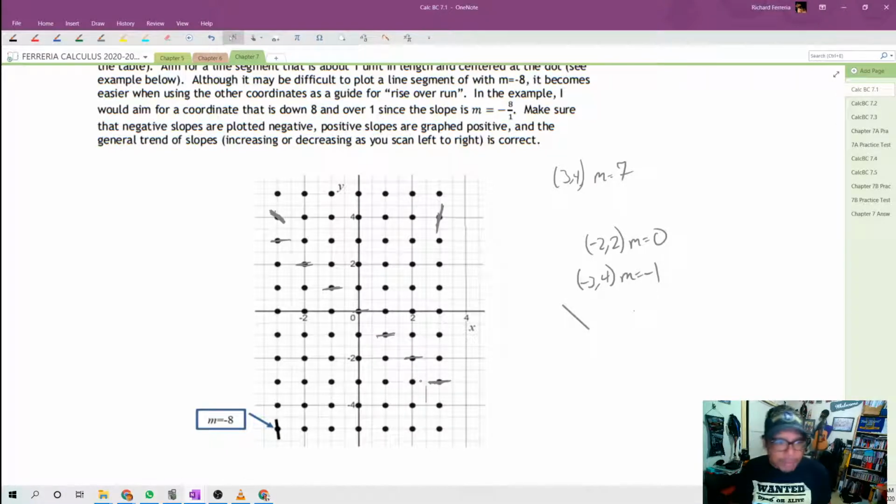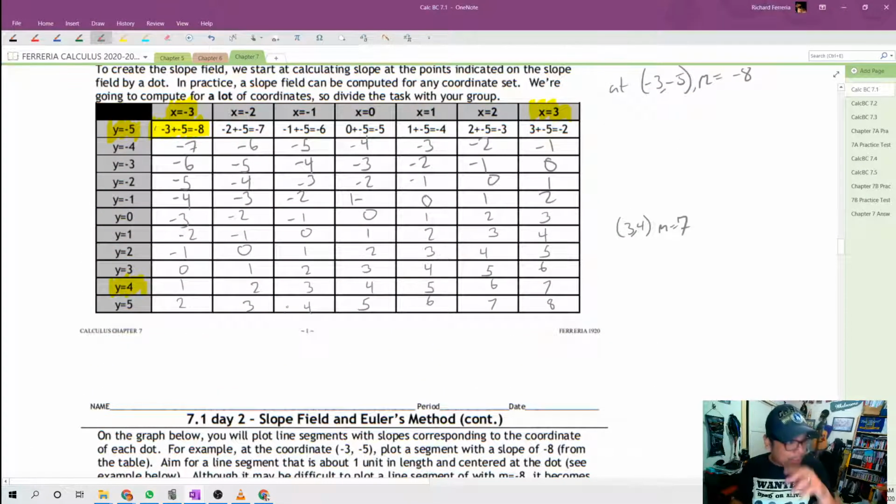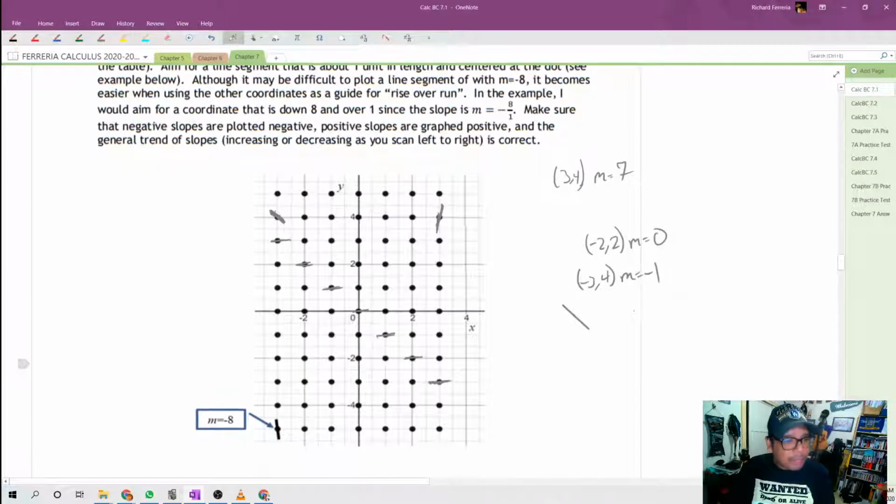Now, if you remember the pattern from the chart up here, you remember that as we go left to right, the slope is going to increase by 1 unit. So starting over here, this was a slope of -8. And go over here, this should be a slope of -7. So why don't we go ahead and figure out a slope of -7 here. Okay, so we're going to put our little aimer over there, and let's go up 7. 1, 2, 3, 4, 5, 6, 7.